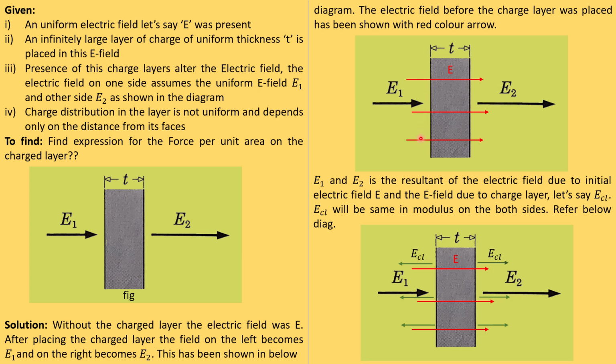When this charge layer is introduced in E field, the change happens. And what is that change? On the left side of this layer, the electric field becomes E1 as shown in here, and on the right side it becomes E2 as shown here.